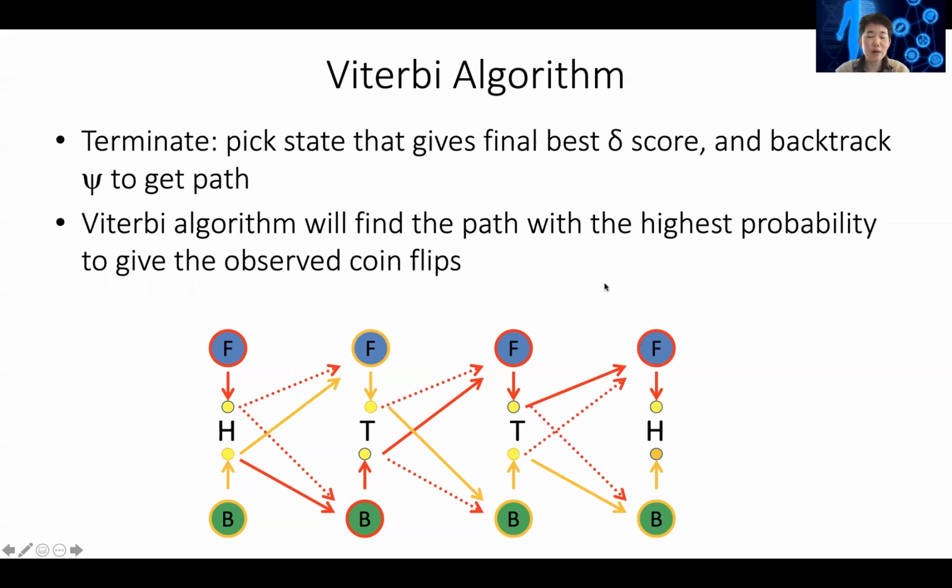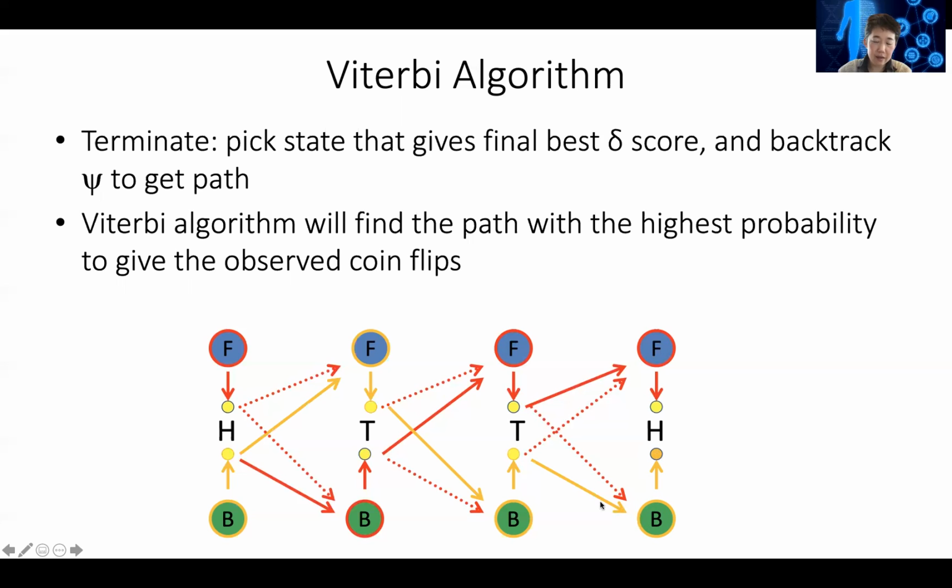At the final termination, we just compare the two delta numbers at the very end, and again we pick the maximum number. Supposedly the bias coin gives us a better delta number. Then we just backtrack. Because we know this is giving us a higher probability, we ask, how did we get here?